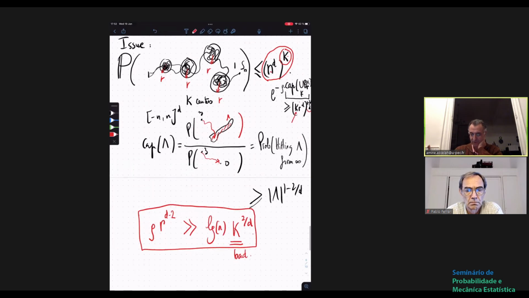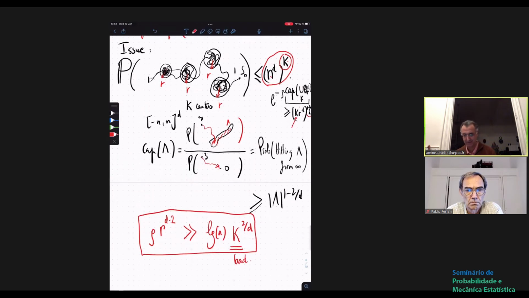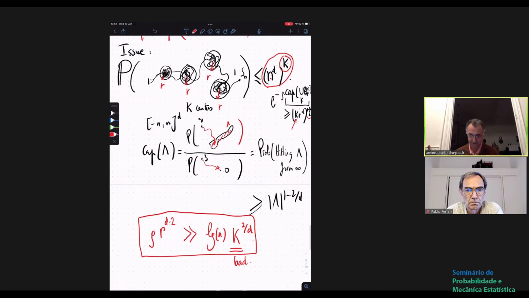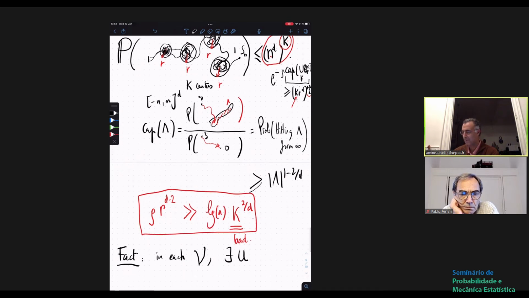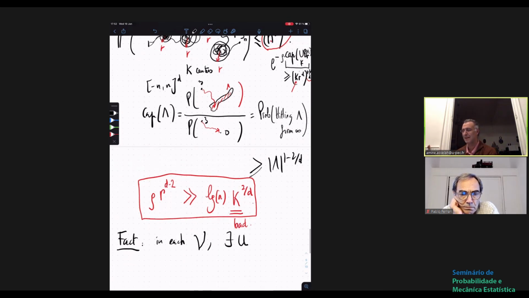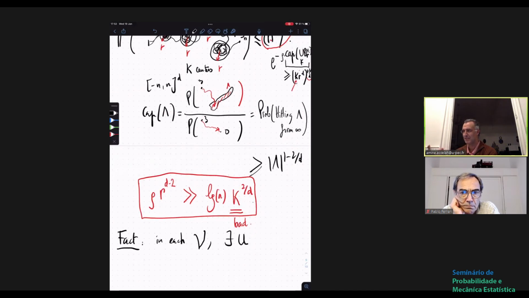And the new ingredient, which is not really probabilistic, is the following fact, a nice inequality which we wrote in another paper: in each set V, there exists a subset U which a walk starting at infinity could not distinguish, in a sense, but which is much smaller.